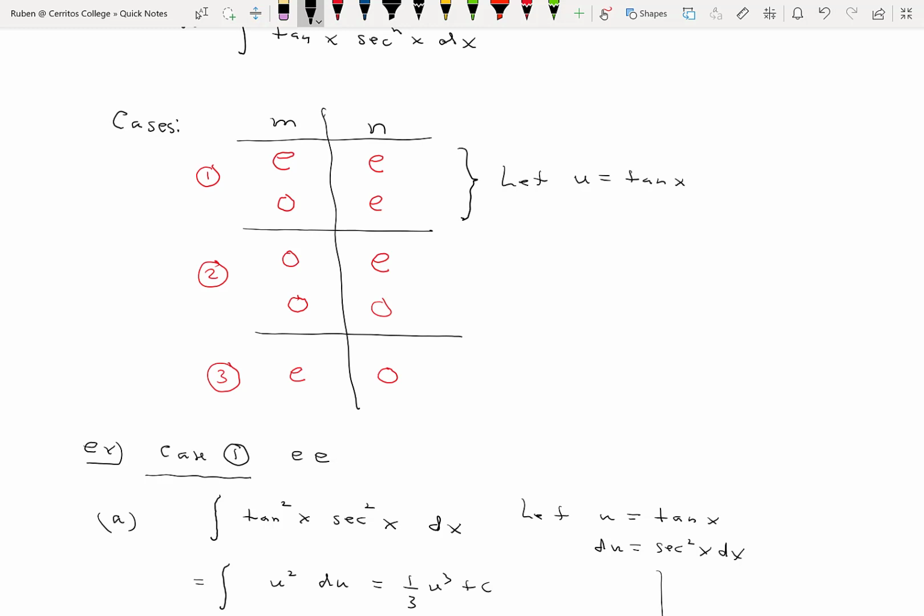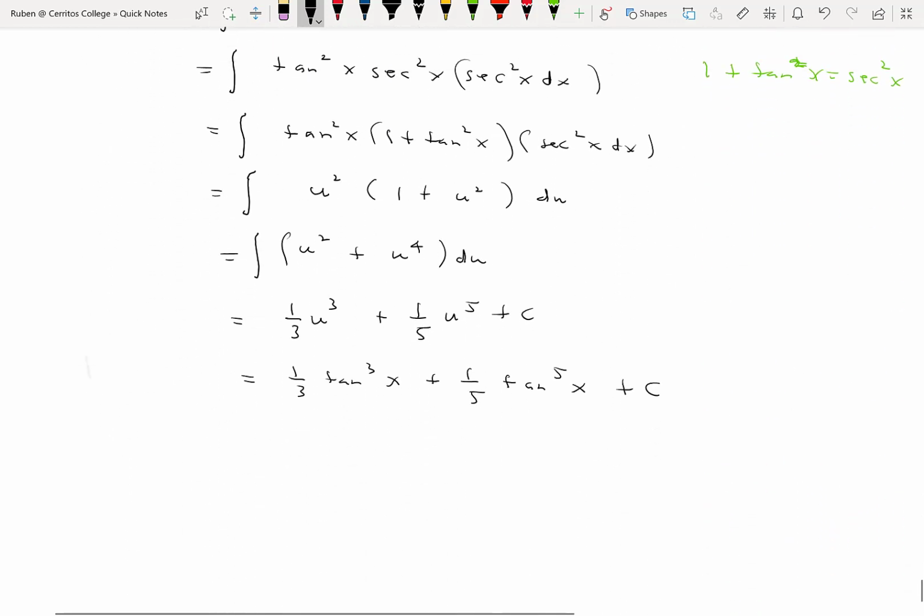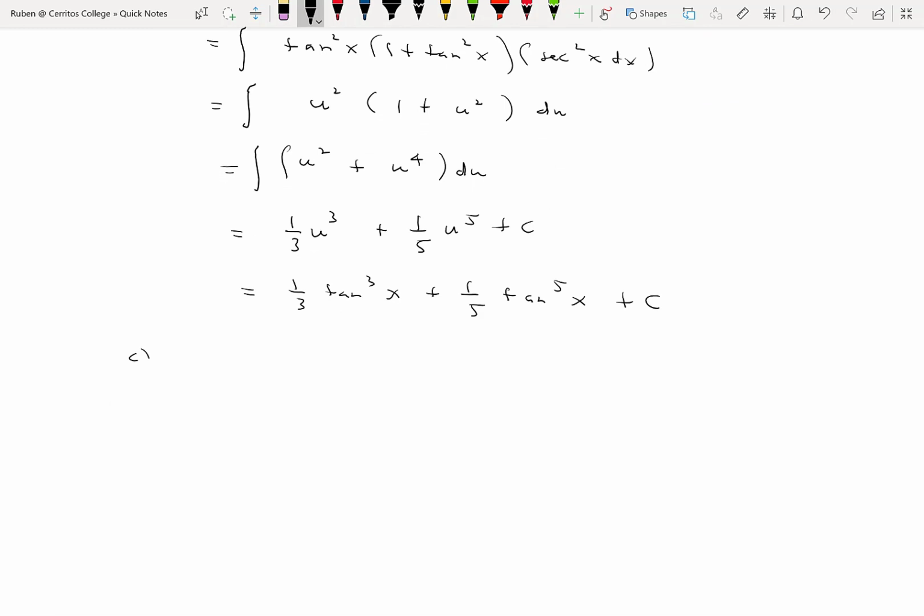Let's look at one more before we move on to the next case. Let's look at case C, tangent cubed x secant squared x dx. This is the case odd for the first, even for the second. It's still even for the second, it's just the first one's odd now.